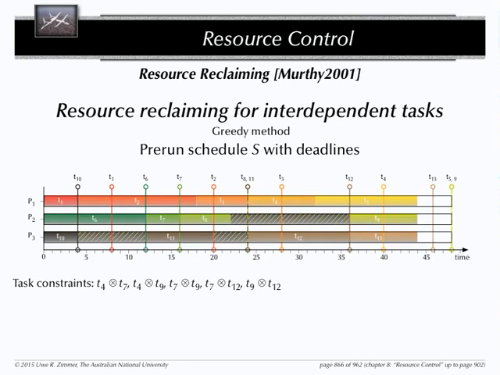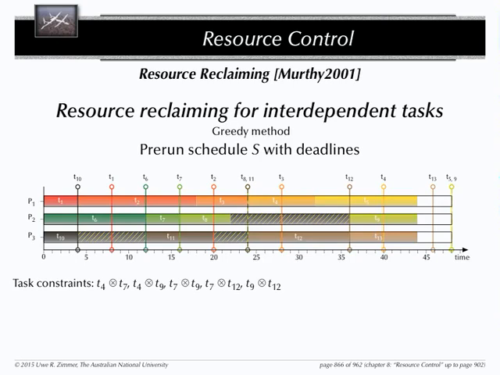So 4 and 7 cannot run at the same time. Fine. 4 and 9 cannot run at the same time. It's okay. 7 and 9, they're on the same CPU anyway, so they're mutually exclusive. 7 and 12, fine, and 9 and 12. Where is 9? 9 and 12. Okay.